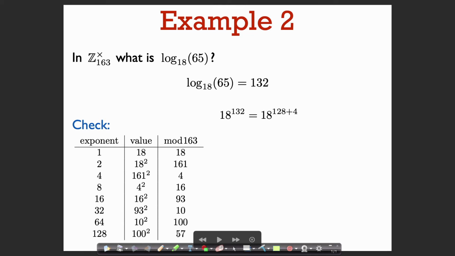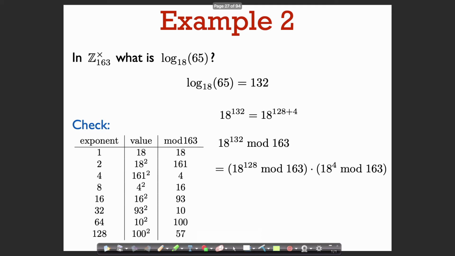That's 57. And we know what 18 to the power 4 is, modulo 163, so that's 4. And that lets us compute 18 to the 132, right? Because 18 to the 132 is just going to be 18 to the 128 mod 163 times 18 to the power 4 modulo 163.